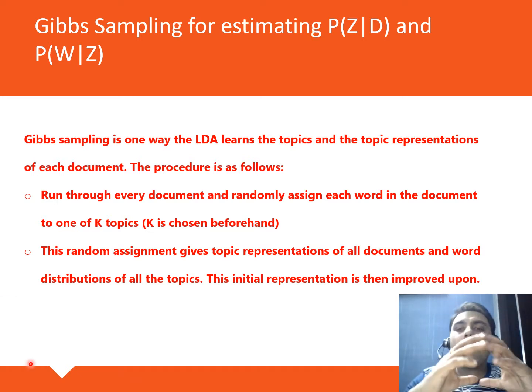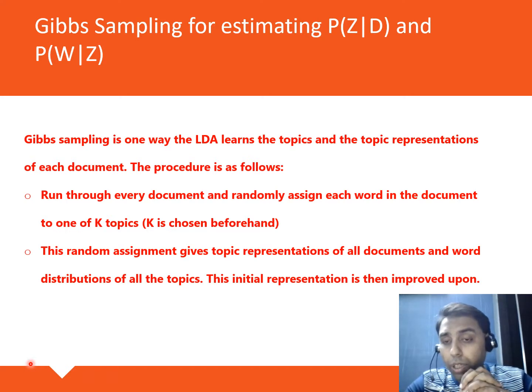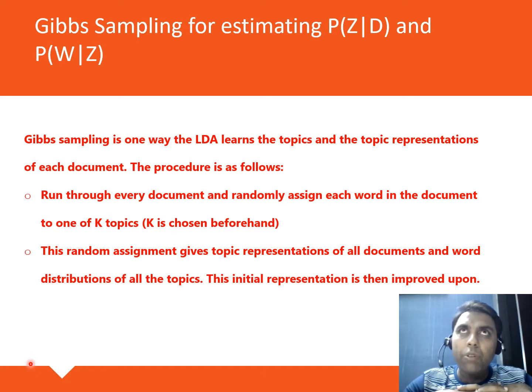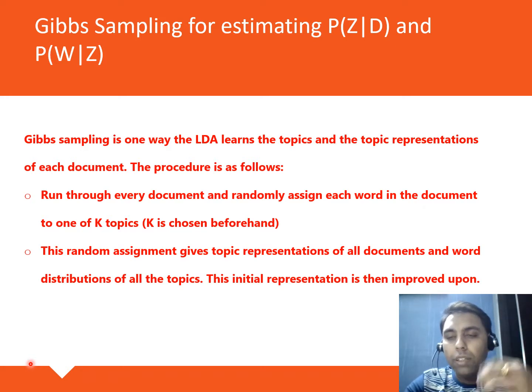What you're trying to estimate here are two conditional probability distributions, right? And again, one of the common approaches for estimating distributions is doing resampling using techniques like Gibbs sampling. So the same concept is used out here.